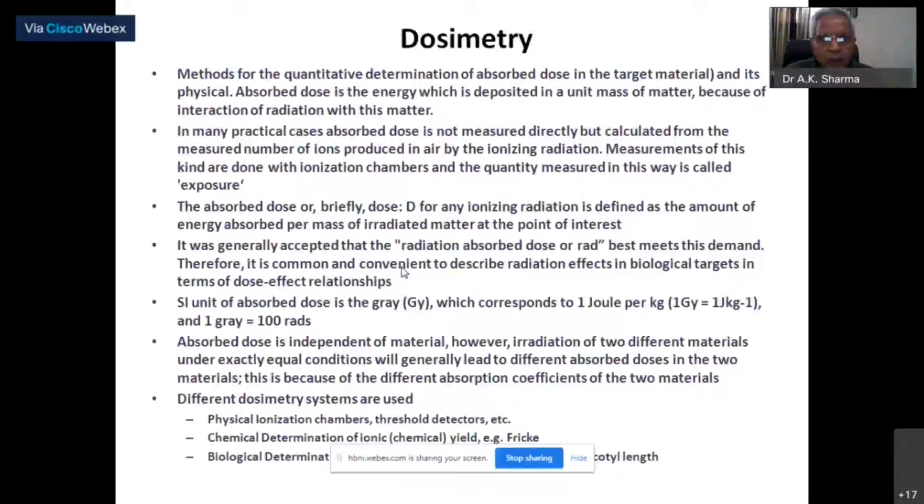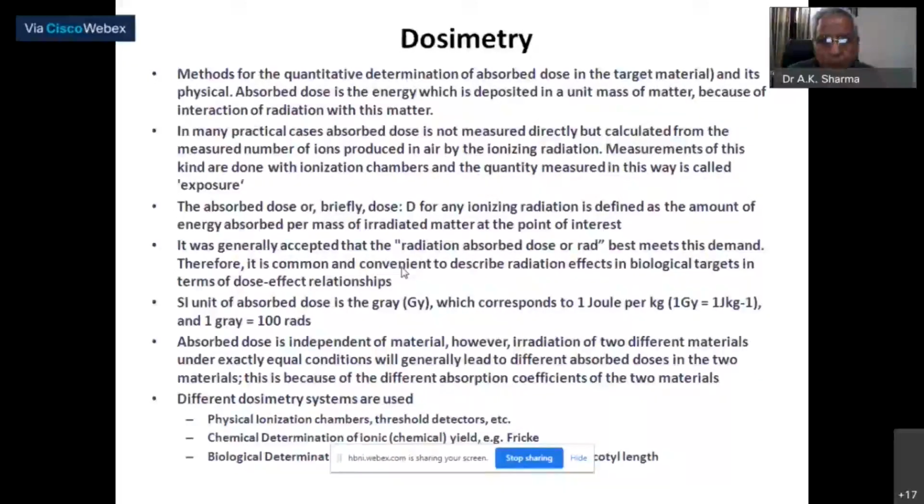Therefore, it's common and convenient to describe radiation effect on the biological targets in terms of dose effect relationship. So this was called radiation absorbed dose, and there was a dose and effect relationship. So more the dose, more the effect that you will see in the given material. But nowadays we commonly use an SI unit, which is not rad but which is called gray, and it is named after a scientist, Gray.